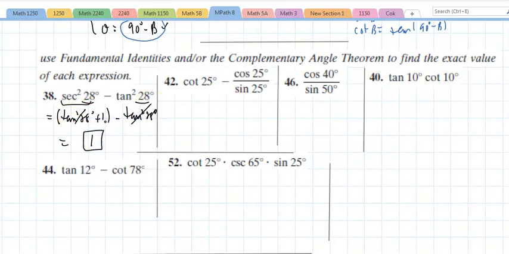You glance at this problem and you notice, are the angles the same? In this case they are, so no need to use complementary angles. But I know that this is the cotan of 25 degrees, and isn't cosine over sine the cotangent of that same angle? And any quantity minus itself is a 0.